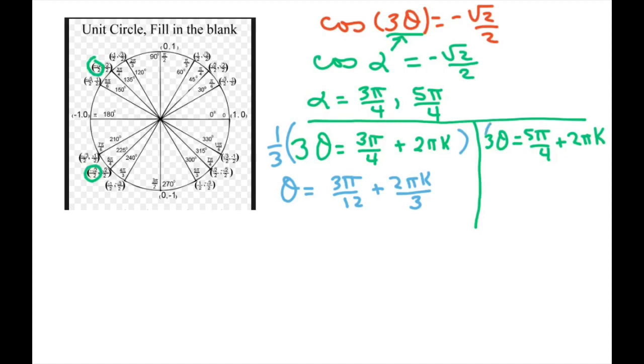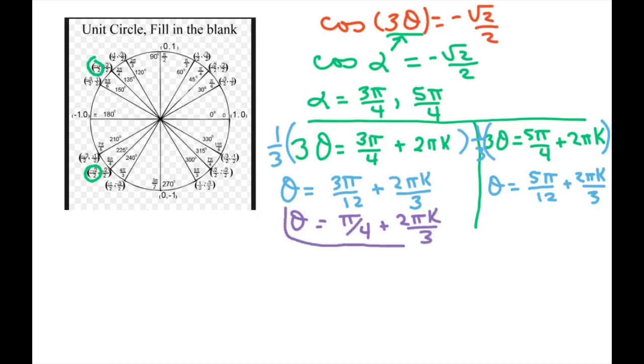And same thing here, multiply everything through by 1/3, and you're going to get theta equals 5 pi over 12 plus 2 pi k divided by 3. Alright, so these are our general formulas. Perhaps for this one, it's better to write the general formula as pi over 4 plus 2 pi k over 3. So these are your general formulas.